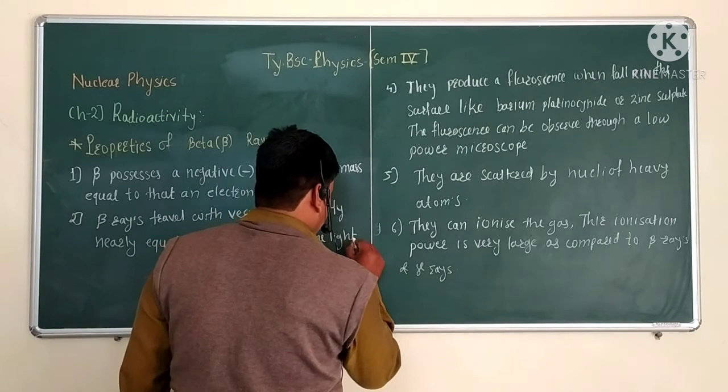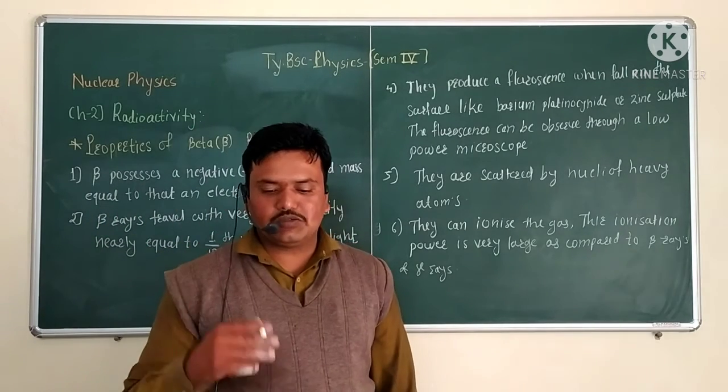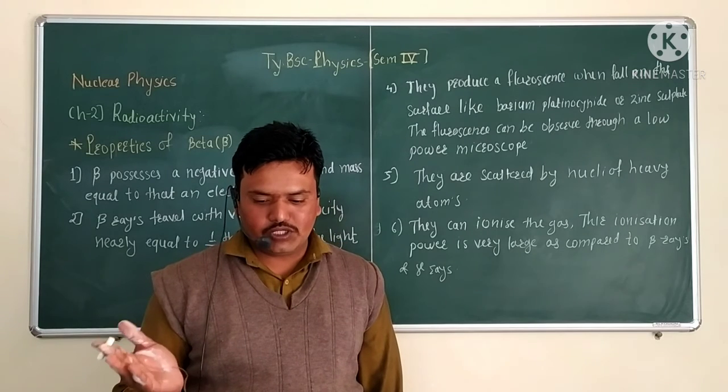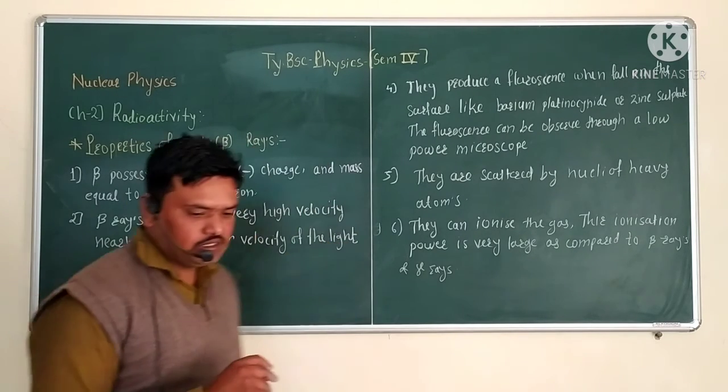Now the next property of the beta particle: their ionization power is small as compared to the alpha particle, and hence they have long range.